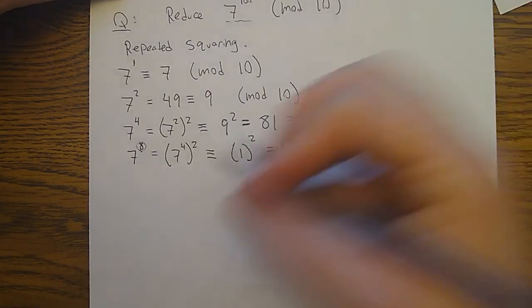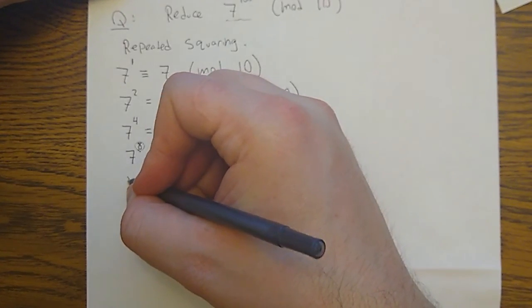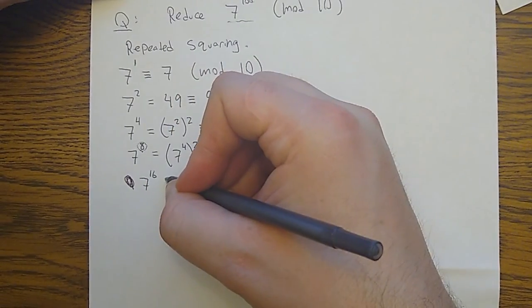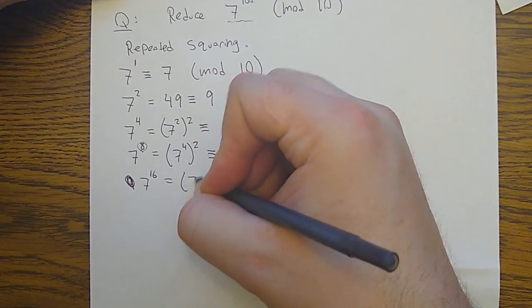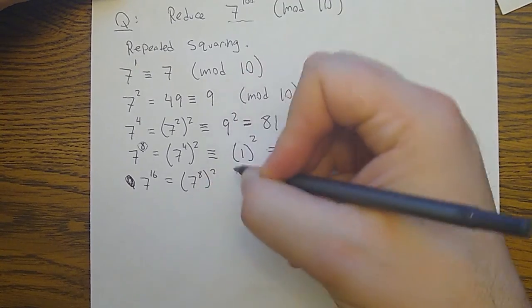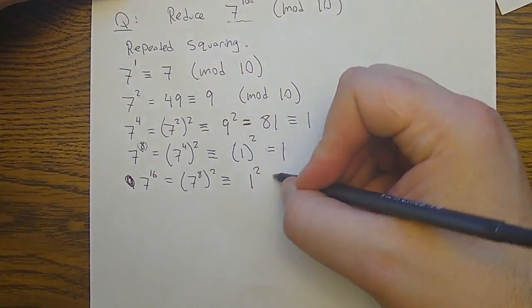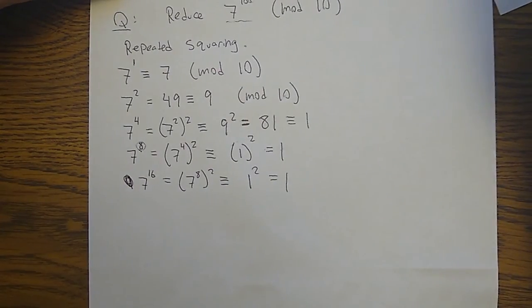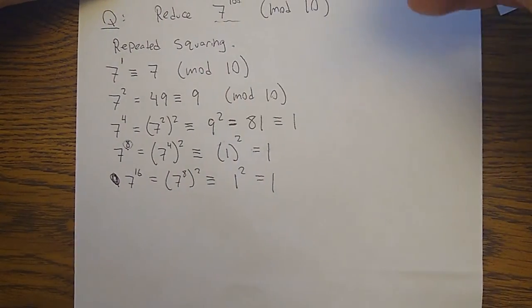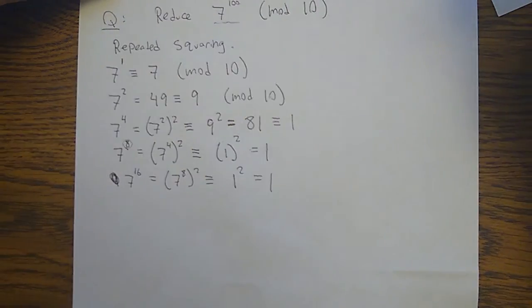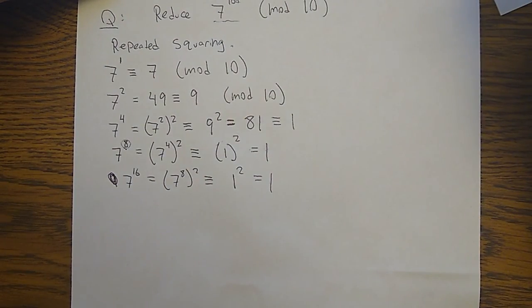So then what's going to happen now, 7 to the 16th would be the next thing I can do, because that's 7 to the 8th squared. 7 to the 8th was 1. 1 squared is 1. And actually, you can see that for the last 3, we kept getting 1.